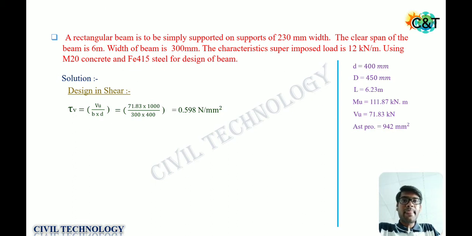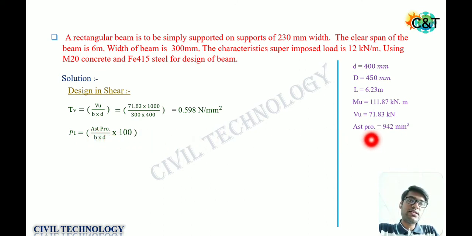Next we have to calculate the percentage of steel, because for the tau c calculation we require the percentage of steel. For the percentage of steel, the formula uses Ast provided, meaning whatever reinforcement we provided.